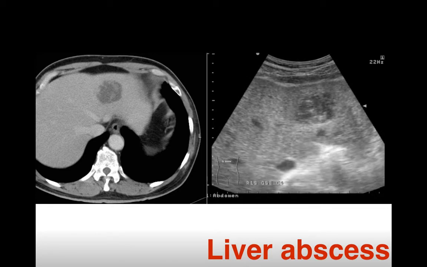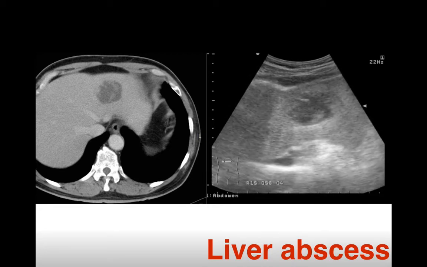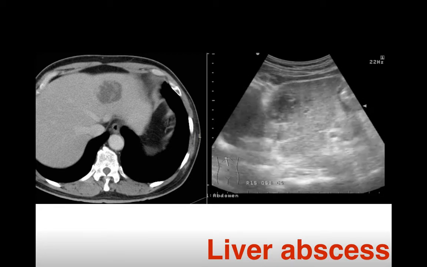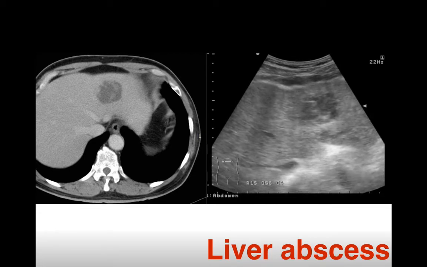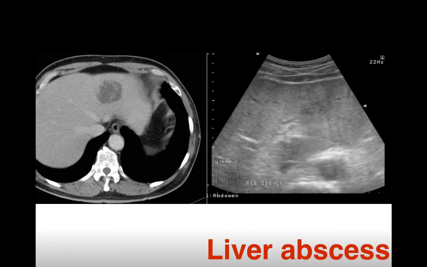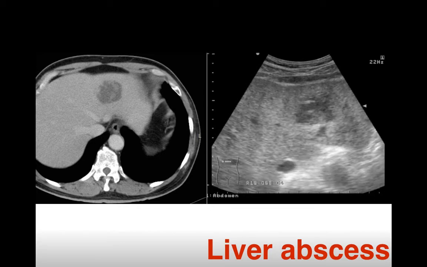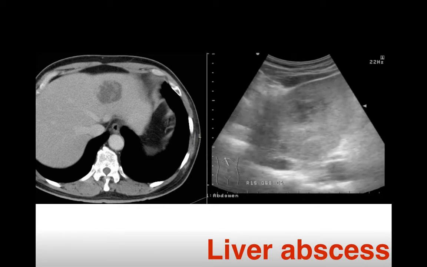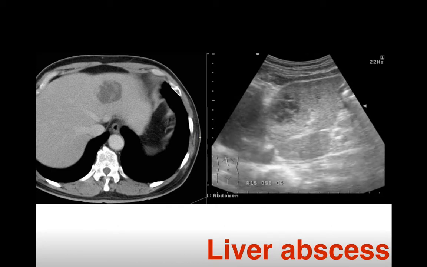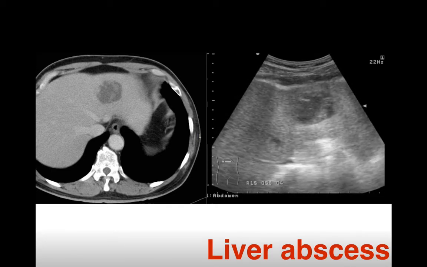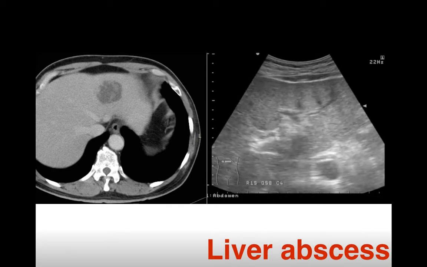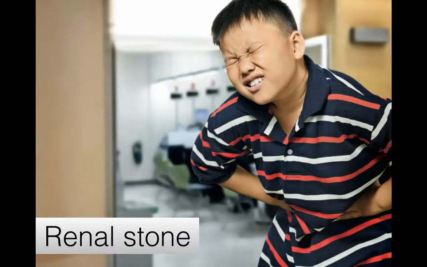Because when we scan for cystic or other lesions inside the kidney or liver, we should identify the content. It is not smooth with echogenicity. When we encounter this kind of situation, you should incorporate it into the clinical scenario. Fever, pain, leukocytosis, the diagnosis should be clear.